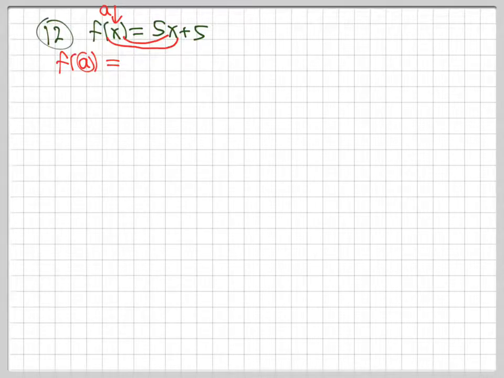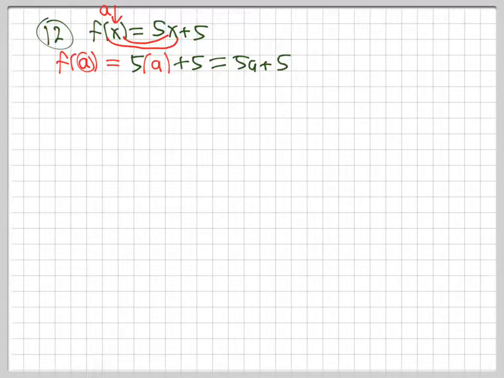So it'll become 5 times A plus 5. And that's it. We're done. There's nothing more to do there. It's just 5A plus 5. You don't have to show the parentheses. You can just write 5A plus 5, same thing. Parentheses don't really matter. I'm just trying to show them for extra clarity.